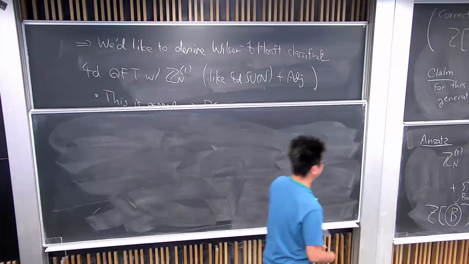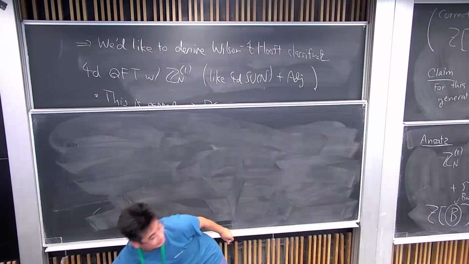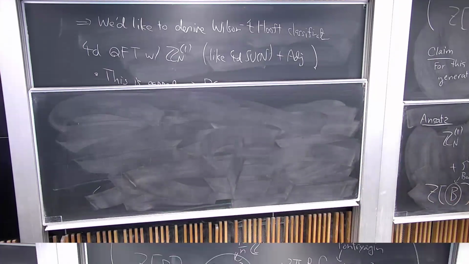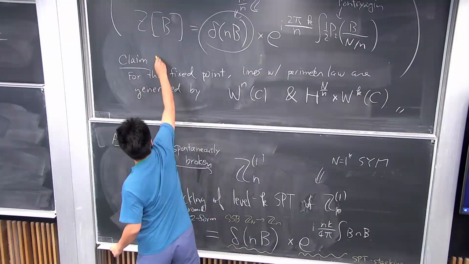And this is exactly what the Witten effect classification says. So this part is the Wilson-'t Hooft classification.